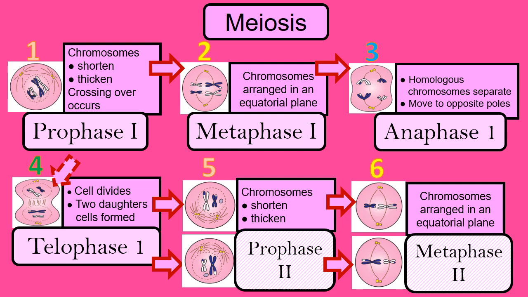Number 1 and number 5 share the same point where chromosomes shorten and thicken. Meanwhile, for number 2 and number 6, the points are the same, where chromosomes arrange in an equatorial plane and spindle fibers attach to the centromere.